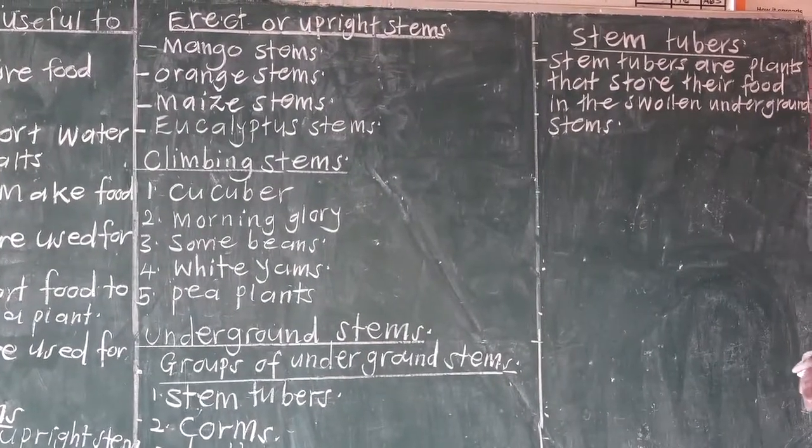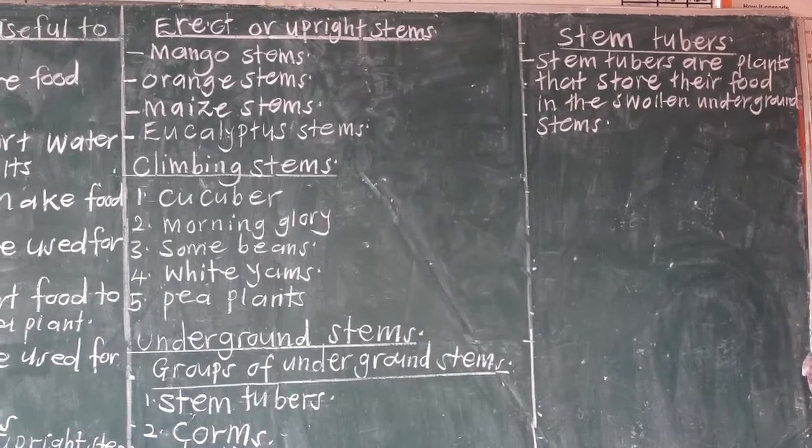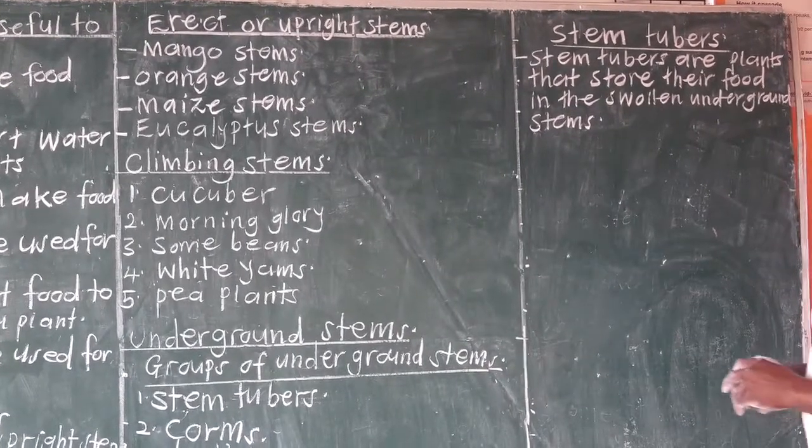I repeat, stem tubers are plants that store their food in the swollen underground stems.